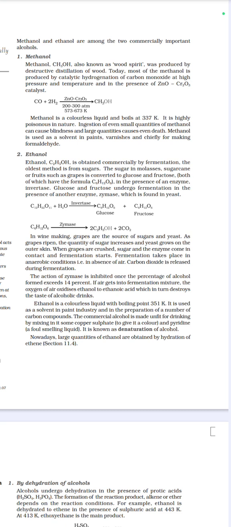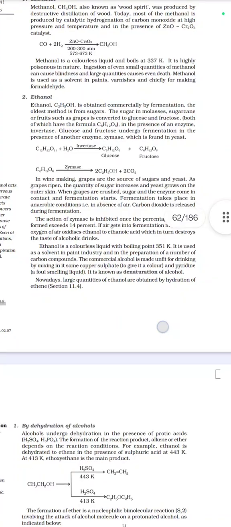Glucose and fructose undergo fermentation in the presence of another enzyme, zymase, which is found in yeast. C12H22O11 plus H2O gives glucose plus fructose in the presence of invertase. C6H12O6 gives 2C2H5OH plus 2CO2 in the presence of the enzyme zymase.